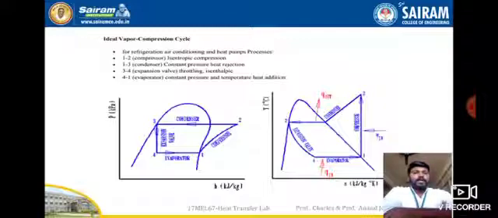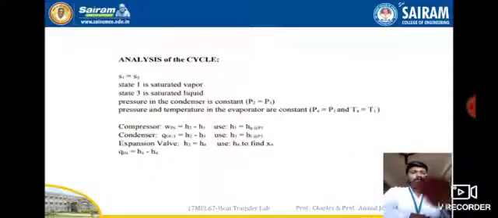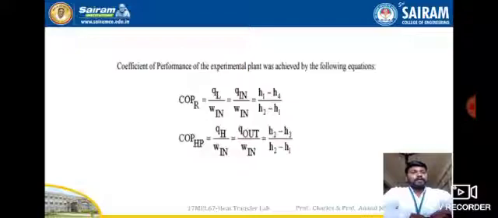So the cycle of operation is shown in the pH diagram and TS diagram too. This is how we plot the graph and draw the diagram, showing how the process takes place between pressure and enthalpy, and temperature and entropy. Okay, now we will see the analysis of the cycle.